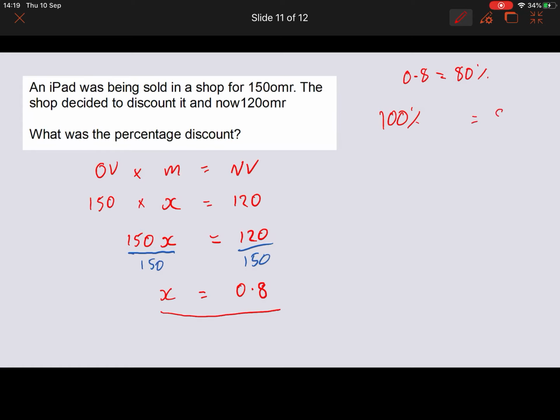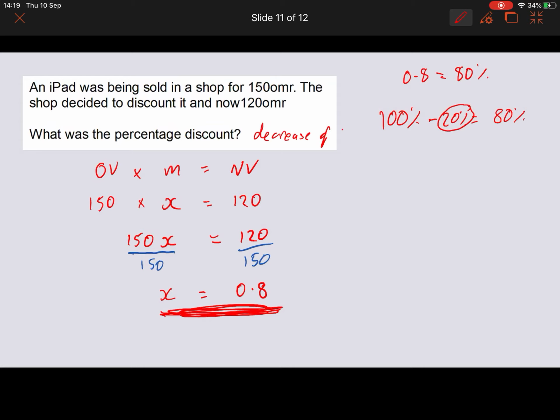Again, this is not the answer. This is the multiplier. So 0.8 is equal to 80%. You started with 100%, so how much did we lose to get to 80%? It must have been 20%. We lost 20% to get to that 80%.